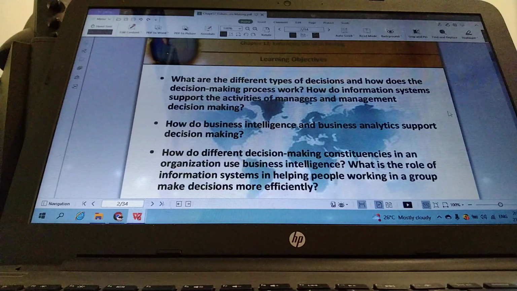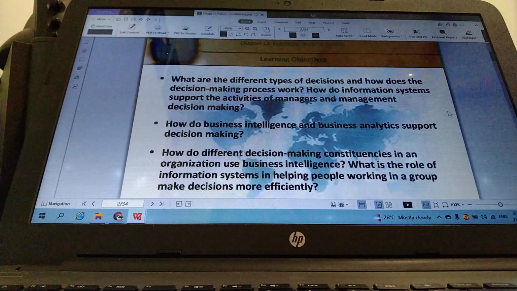So this will be the very first learning objective, and it covers quite a big area. First of all, we're going to look at different types of decision and how the decision making process works. Next, we're going to look at how information systems support the activities of managers and management involved in making decisions.